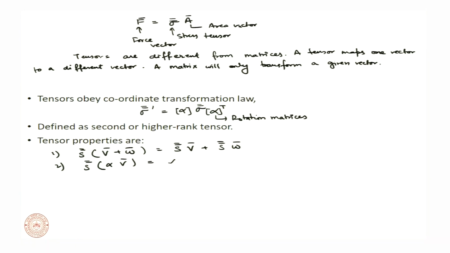That scalar can come out, and it will be alpha times the product of the tensor with the vector V. Okay, so this is possible. We can create a tensor. So, a tensor can be created by using something called a dyadic product.